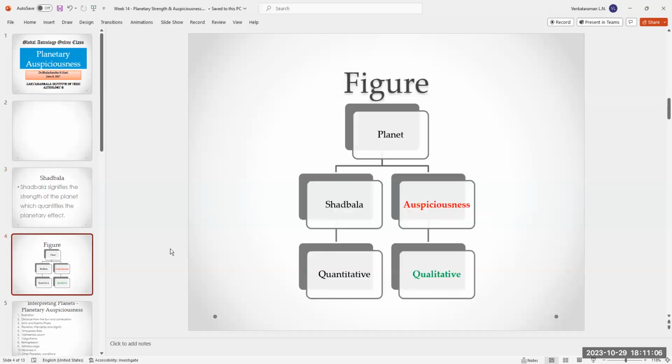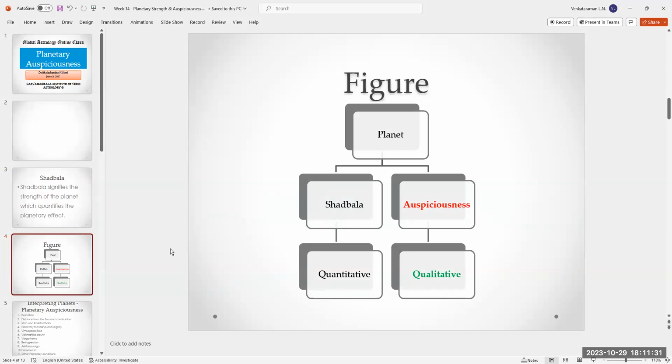You can read this also. The planet Shadbala is quantitative, and on the other hand, auspiciousness is qualitative.